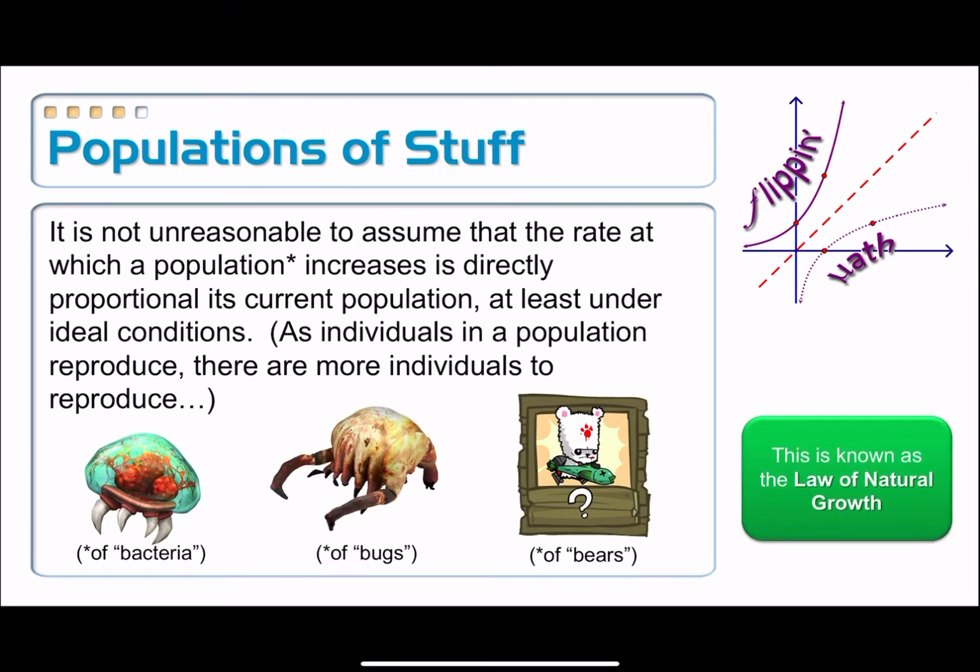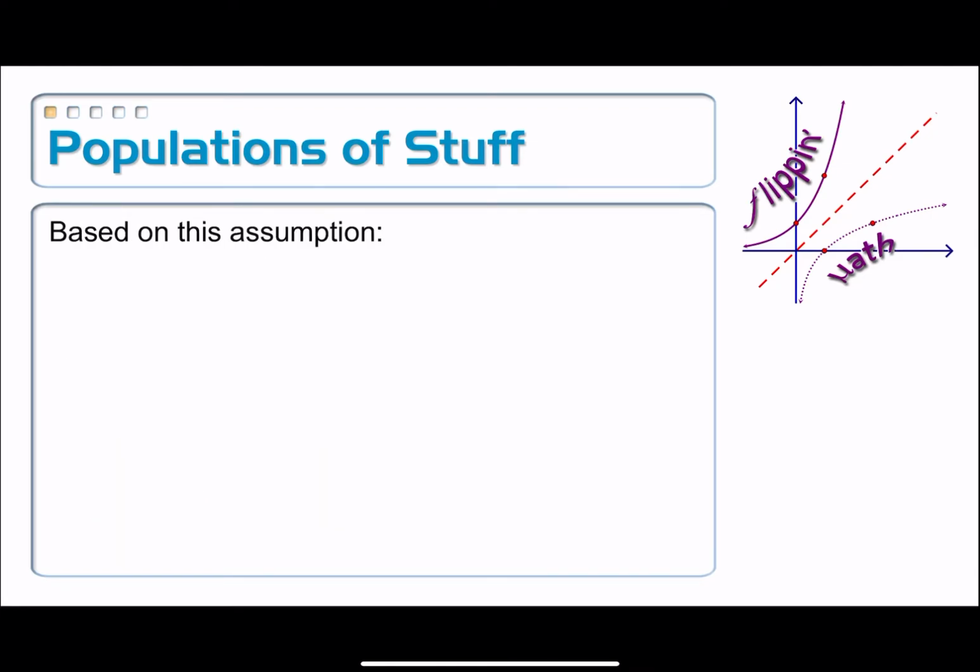Okay, so this is called the law of natural growth, and from this arises our exponential growth equation, as we're about to see right here. So based on this assumption, here's our differential equation that we can get from it. We have that dP/dt is equal to k times P. This looks just like that direct proportionality question that we warmed up with.